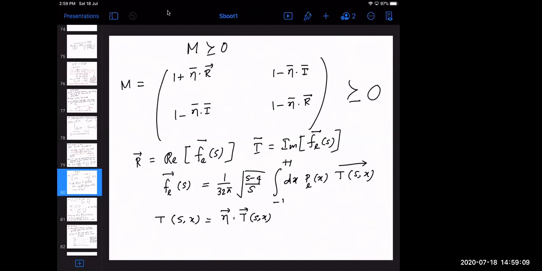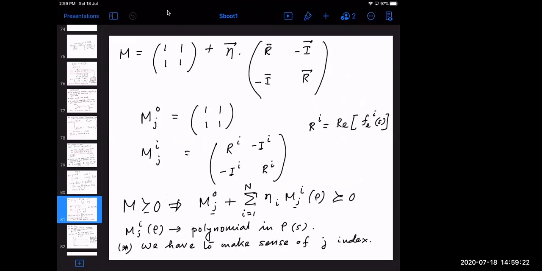We constructed those MJ matrices that entered the polynomial matrix problem by the prescription that I defined in slide 81, where each M0 J or Mij is defined in terms of this.